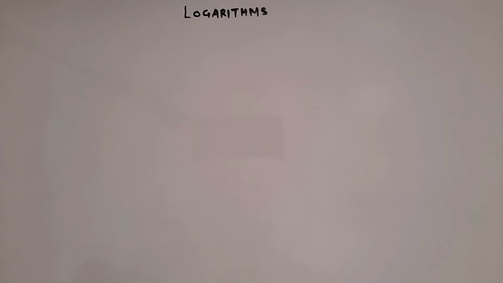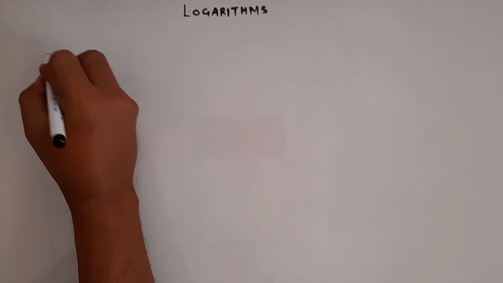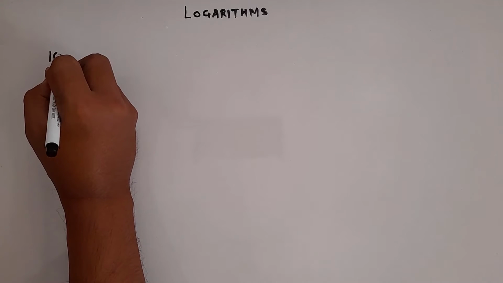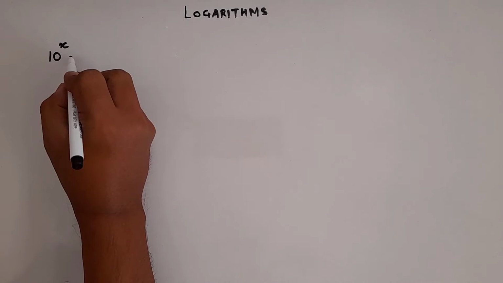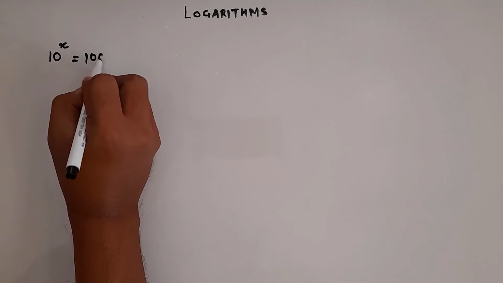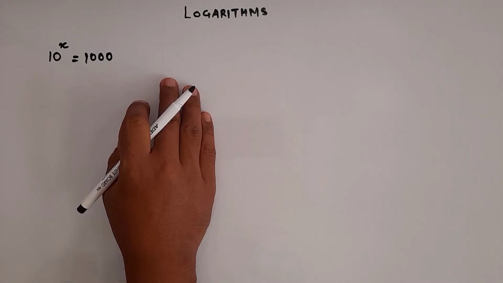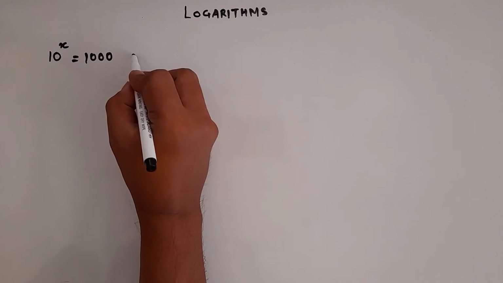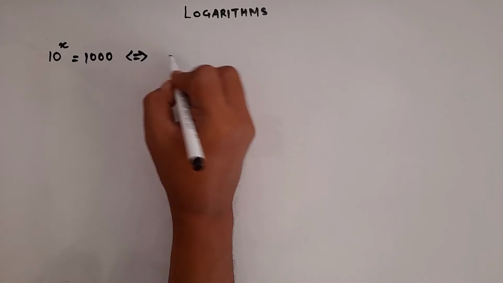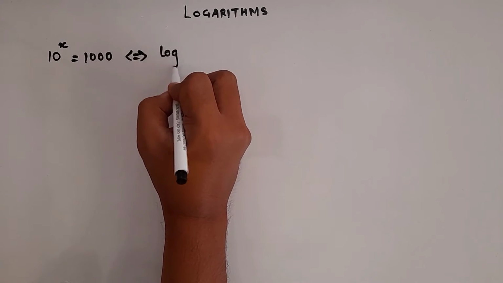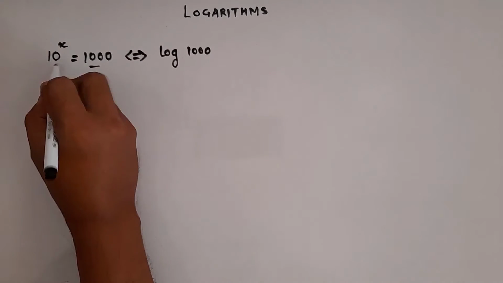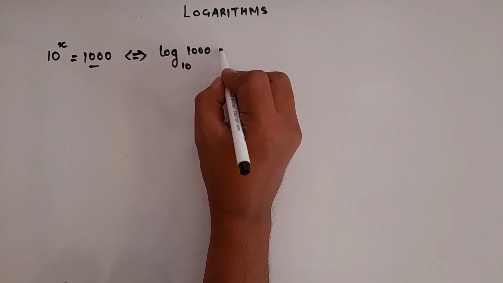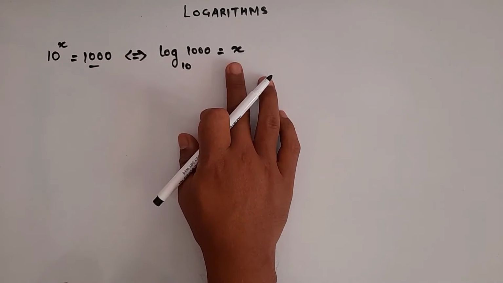We are going to consider a few more examples. Let's say we have 10. When we raise it to some exponent x, we get 1000. What is the value of this particular x? If we use the definition of logarithm, then this will become the logarithm of this number 1000 with a base of 10, and that should give us the exponent value of x.